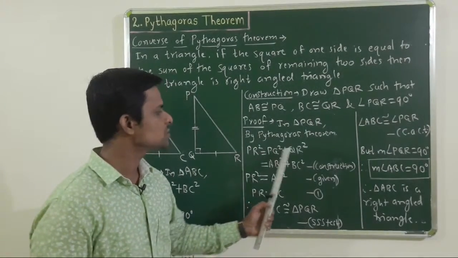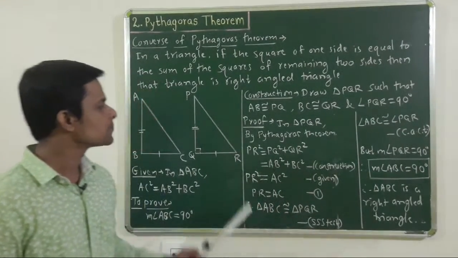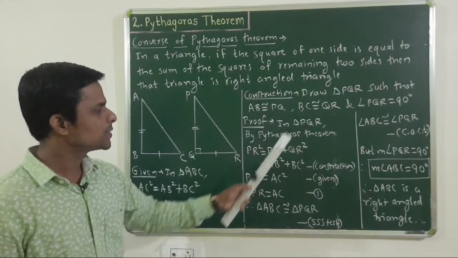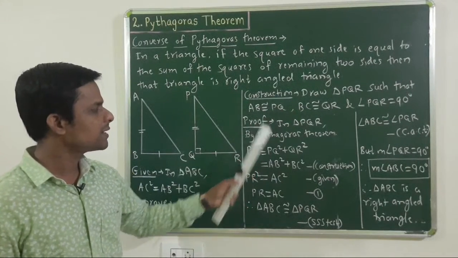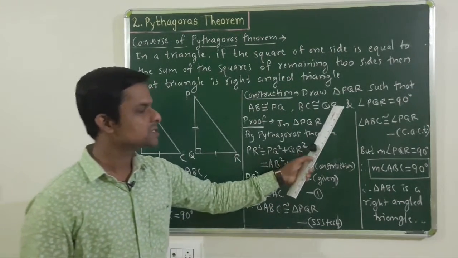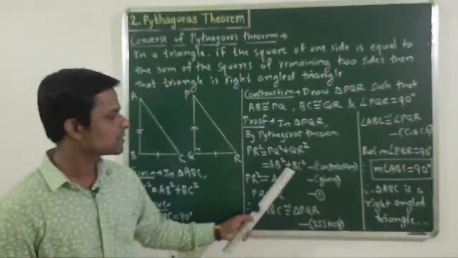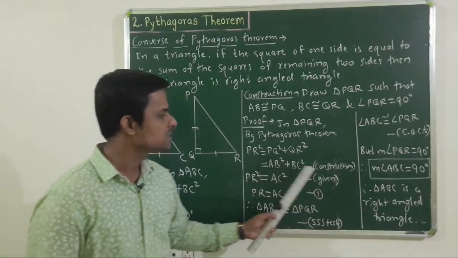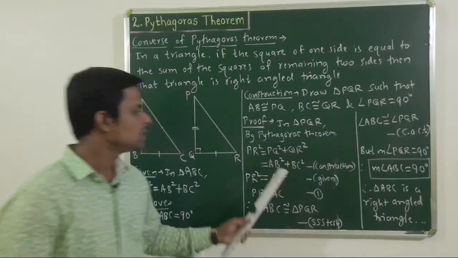Hypotenuse square is equal to sum of squares of remaining two sides. But PQ is equal to AB according to our construction, therefore we can replace PQ square by AB square. And QR is equal to BC, therefore we can replace QR square by BC square. This will give AB square plus BC square.